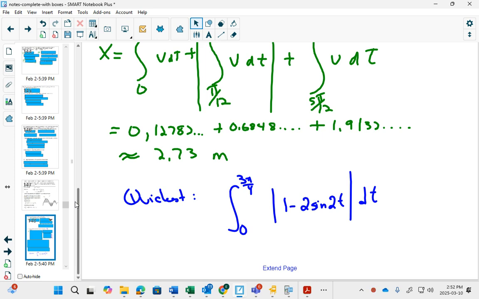If you had a calculator, that's what I would do. That would flip that little part up, and then it would calculate all your areas as positive. If you didn't have a calculator, all of these answers would have pi's in them. And plugging in 5 pi over 12 with that 2 in the equation, they actually are all values on your pi plate. So it is doable to get this as an exact answer.